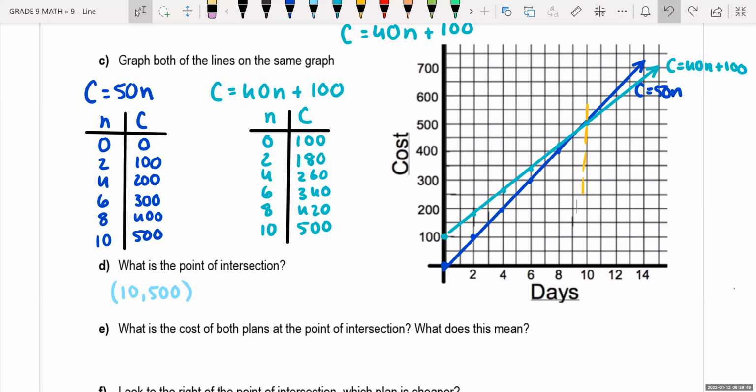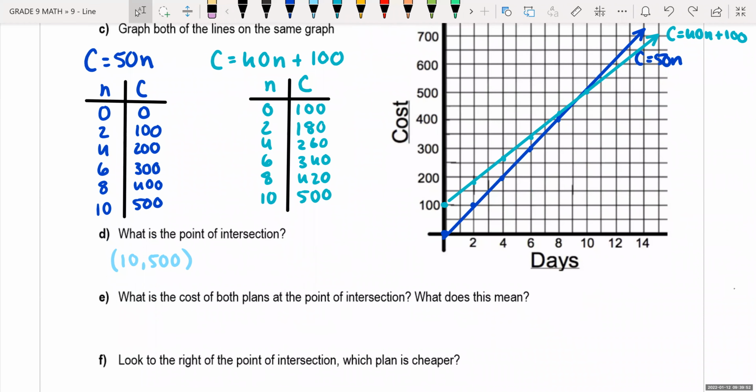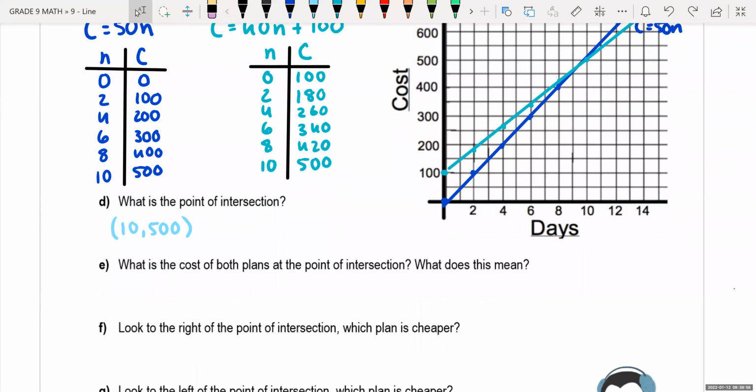So really, what should Mike be doing? He should be first figuring out how often he thinks he's going to be going skiing. If he knows that, then he can do the calculation and figure out what plan he should buy. Okay, so given that information, let's try and answer some of these questions. Question E says, what is the cost of both plans at the point of intersection?